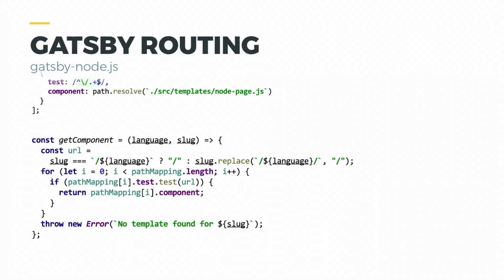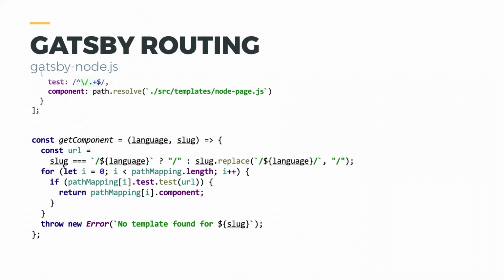So inside our gatsby-node.js file, if we've got a list of URLs and we know which language those URLs go with, we tell it which language it's using and what the URL is, the slug. Gatsby calls these slugs. The first line, where it sets the URL constant, strips out the language part of the URL and just uses the rest of that URL to check against our path mapping.